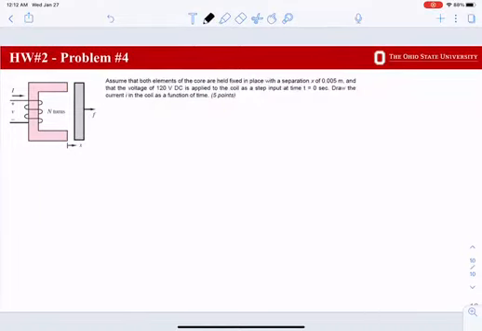Okay, let's move on. Draw the current I in the coil as a function of time. At the coil, the electrical circuit looks like that. We have the resistance here, right?